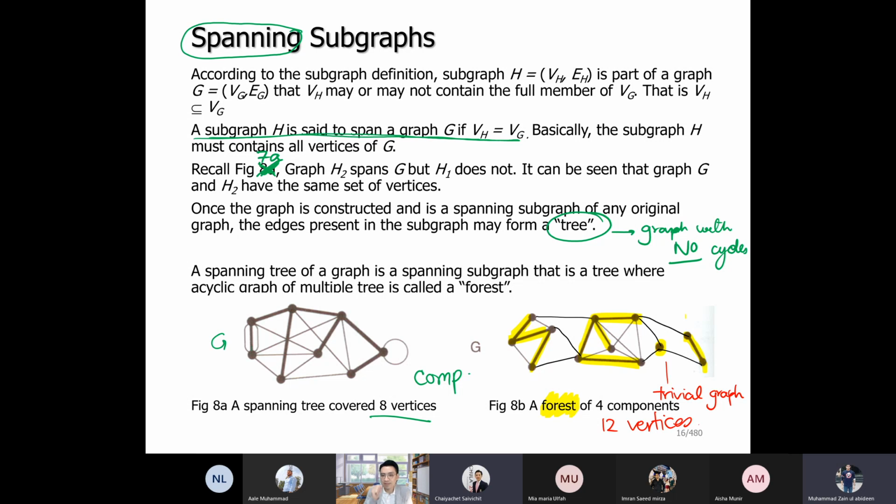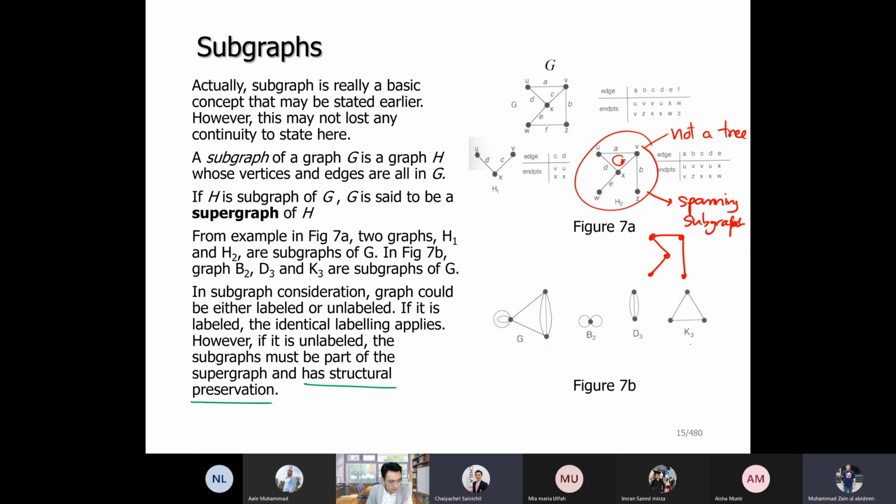So in the above example, in the previous example, however, H1 and H2 follow the graph G, but we still said that H2 does not. You mean the previous page? Yes. So what was your question?